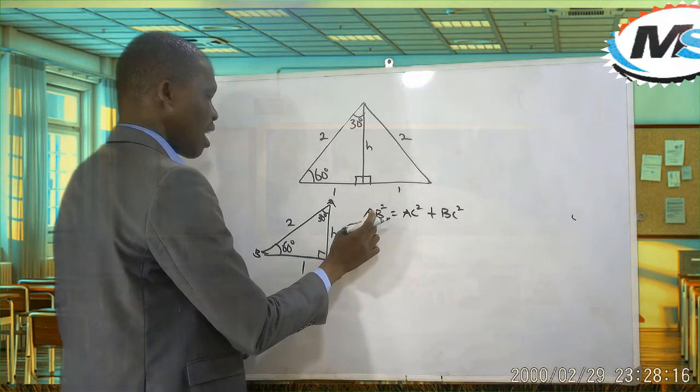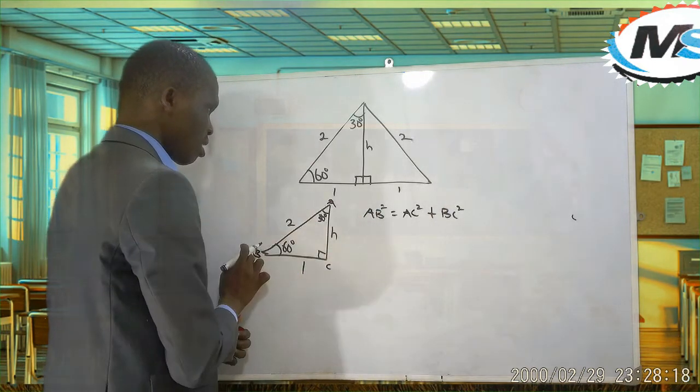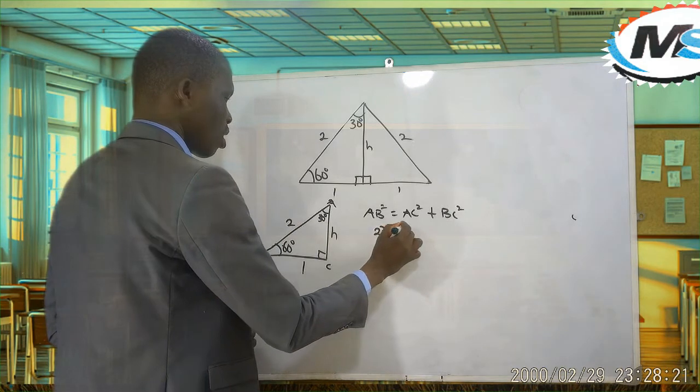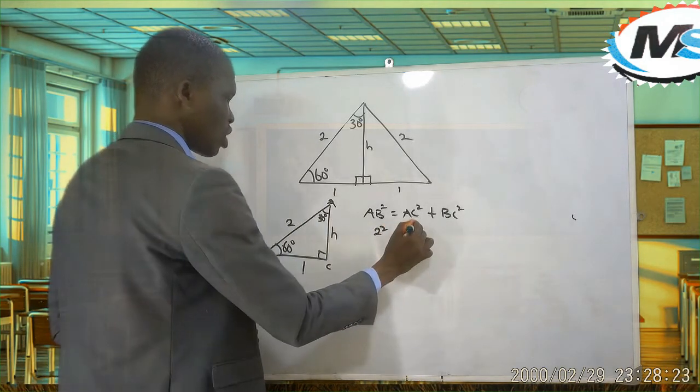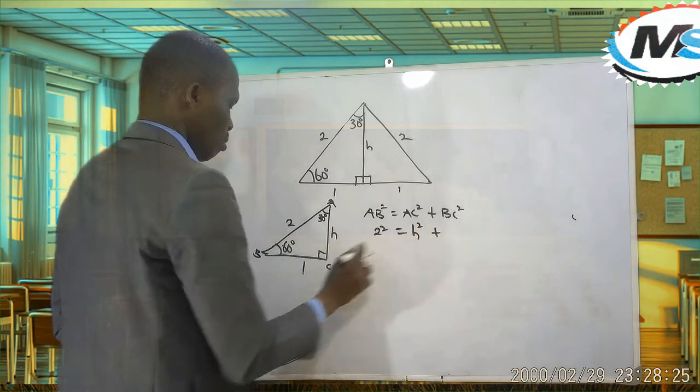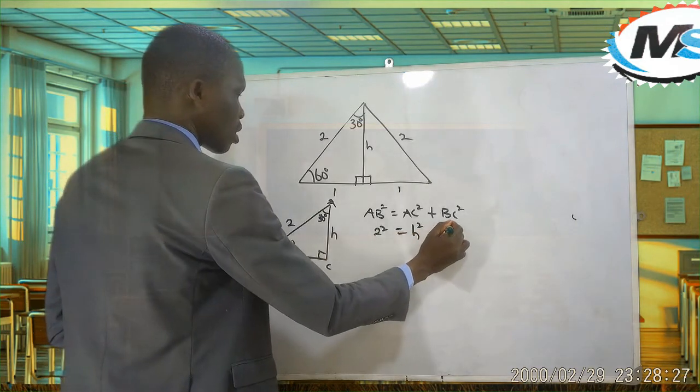So AB is this 2 square equals AC, H square, plus BC, 1 square.